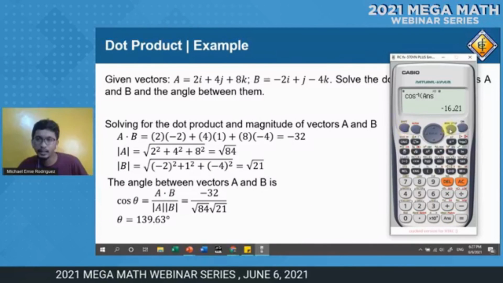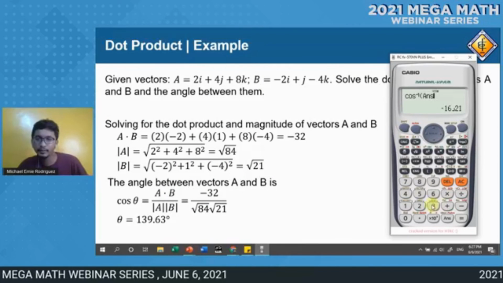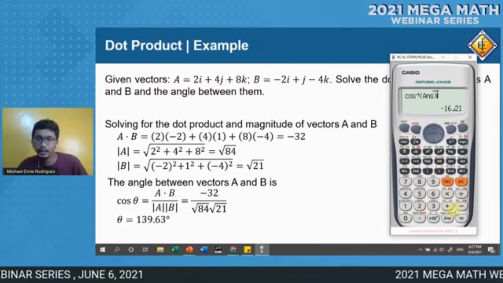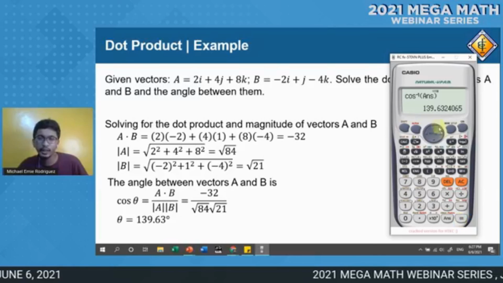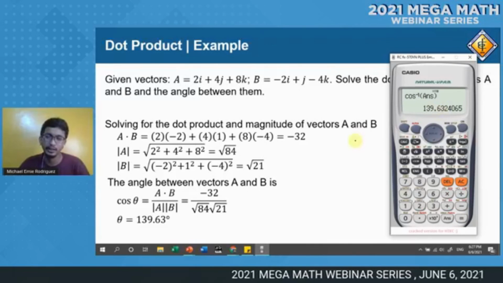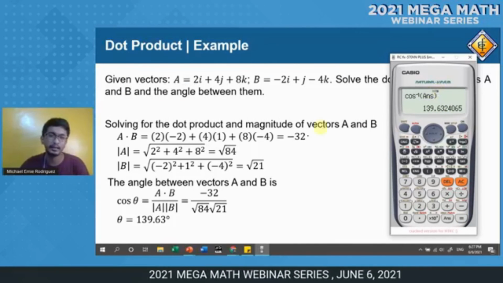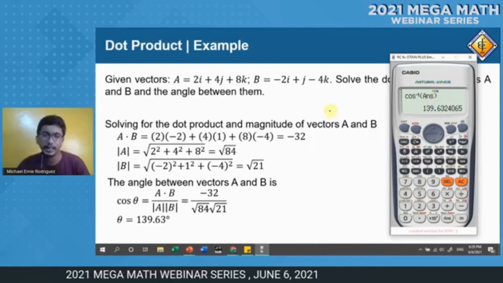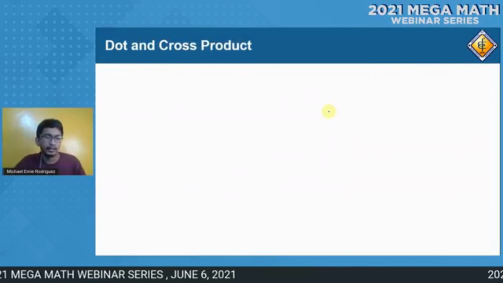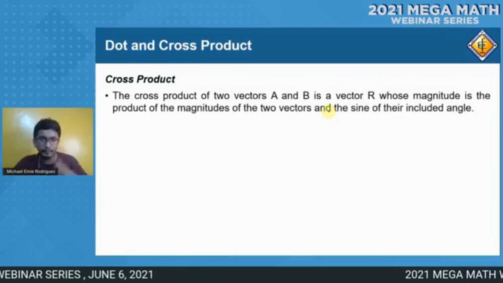We should be in degree mode. So we have 139.63 degrees. We should be in degrees; I noticed we were in radians. Okay.